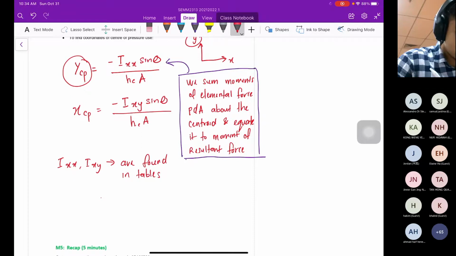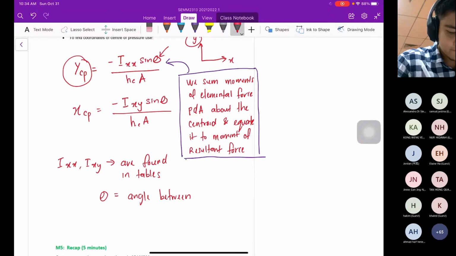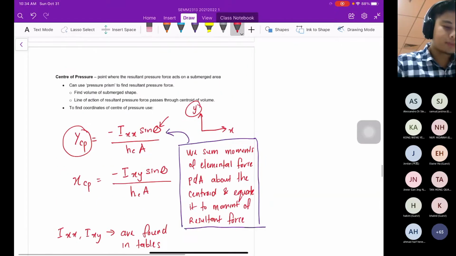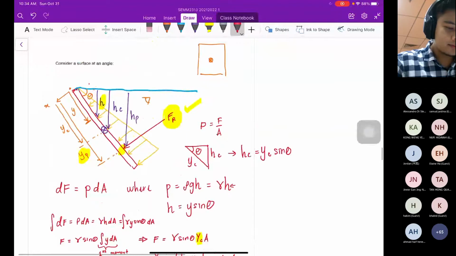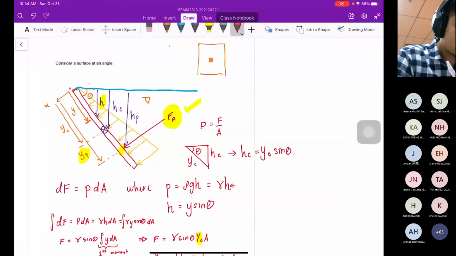So this theta is the angle between, now this is very important, we have the theta here, angle between the plane surface and horizontal. Okay, so this is the plane surface to the horizontal, this is the theta.